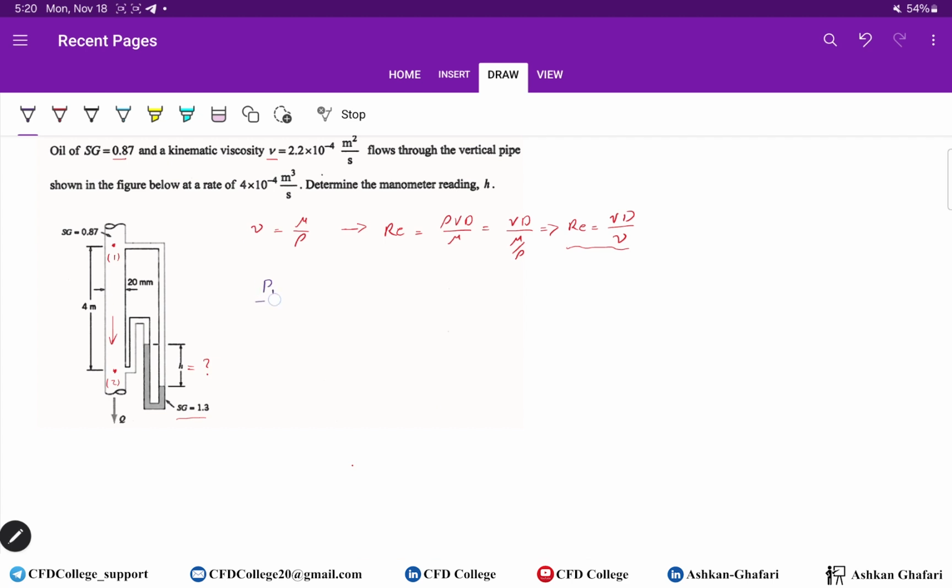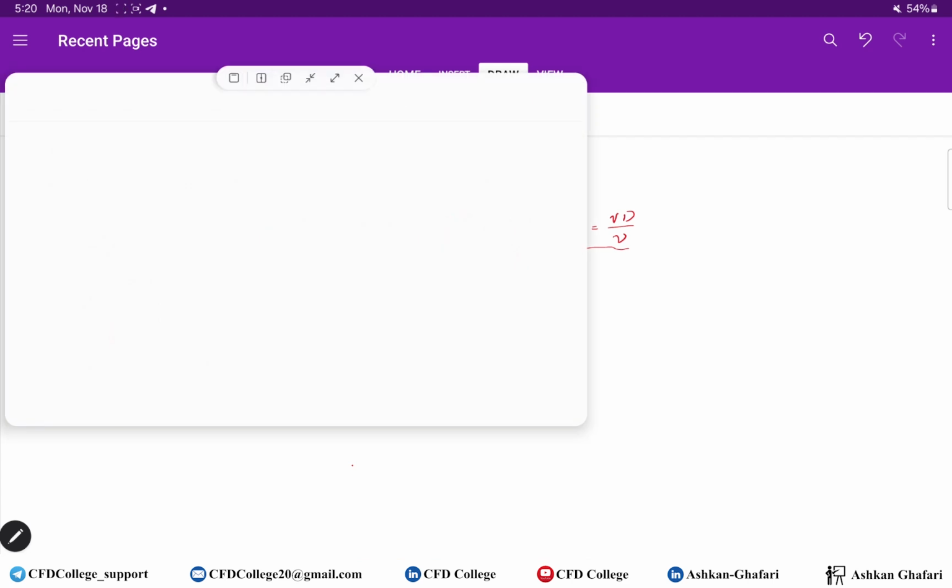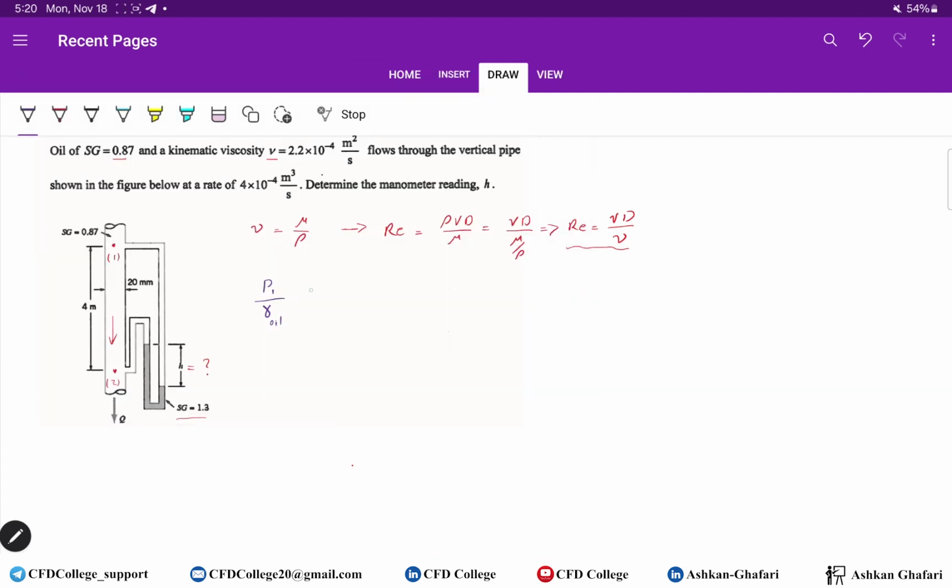If you remember the energy equation: P1 over gamma of oil plus V1 squared over 2g plus Z1, there is no pump, equals P2 over gamma of oil, the fluid inside the pipe, plus V2 squared over 2g plus Z2 plus HL, the head loss, and there is no turbine.